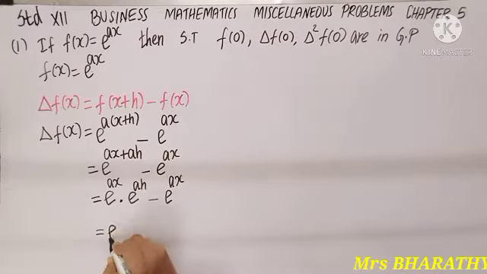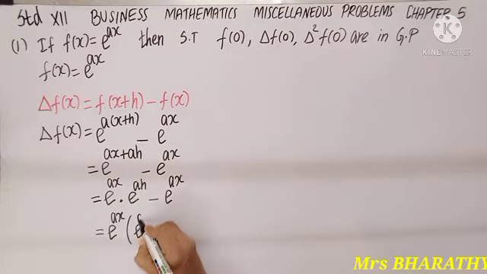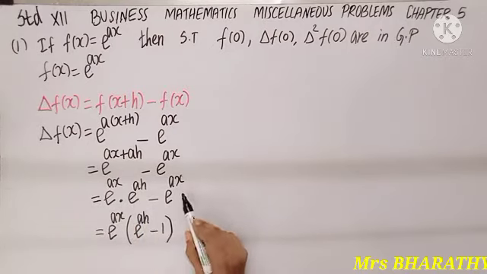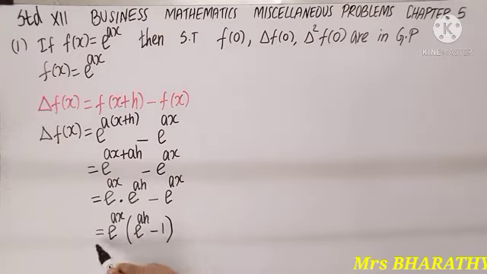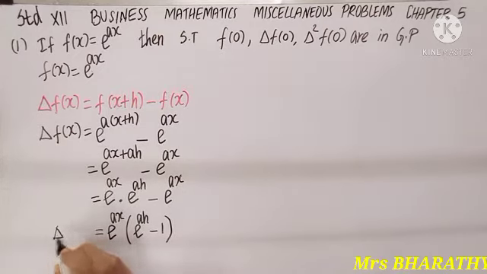If I take e power ax as common, I am left with e power ah minus 1. E power ax is common. Here e power ah. Here nothing tells me 1. So this is the answer for del f of x.